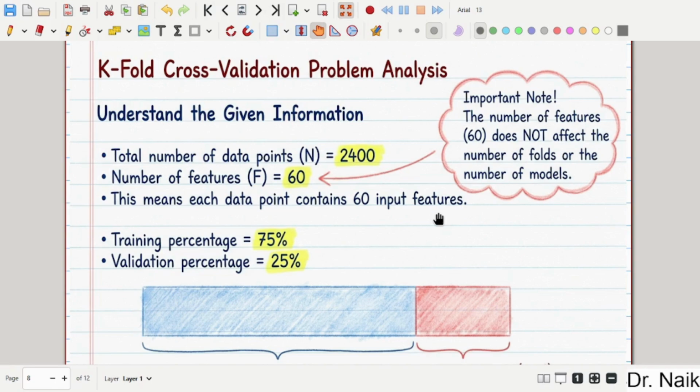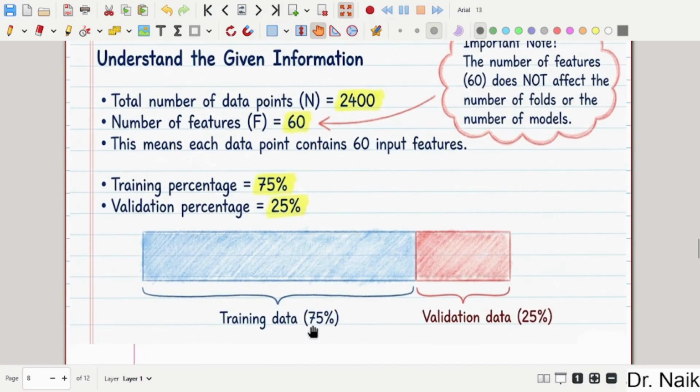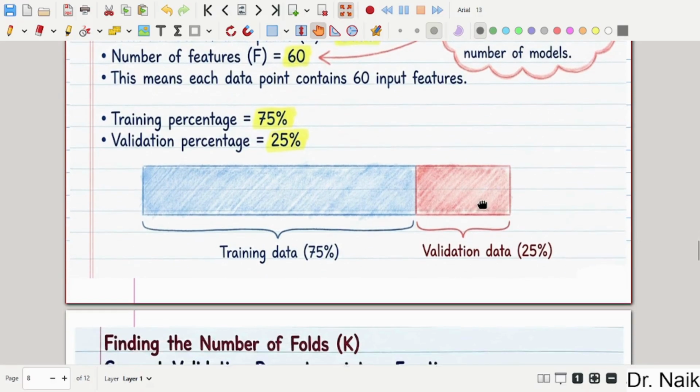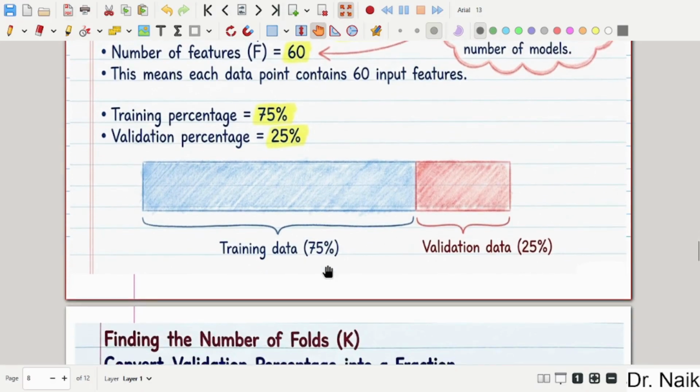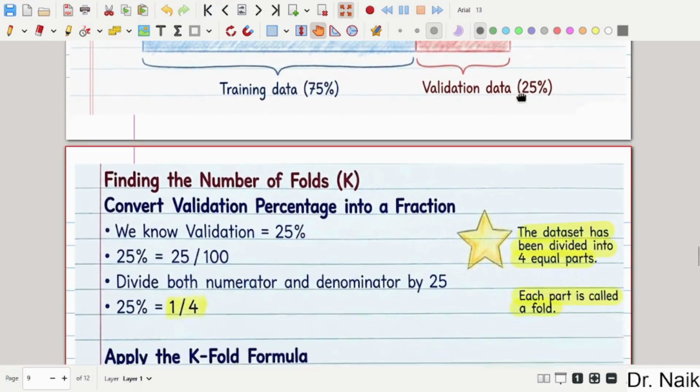We know that the number of features does not affect the number of folds or the number of models. Also we have been given the training percentage as 75% and validation percentage as 25%. That means we are using 75% of the data for training and 25% of the data for validation.